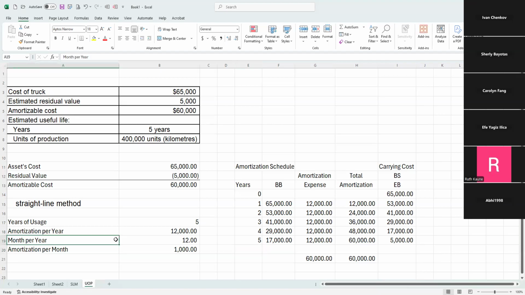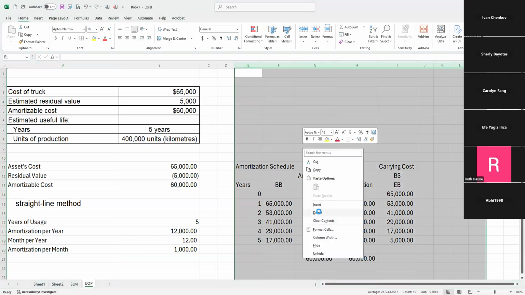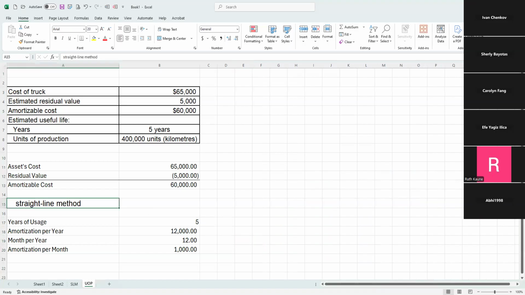So for the unit of production, I'm going to get rid of this. I'm going to start from scratch. And for unit of production, we need a new definition here, which is unit of production method. For the unit of production method, what do we have to do? You have to find out, during the useful life of the asset that we just purchased, how many units we can produce?